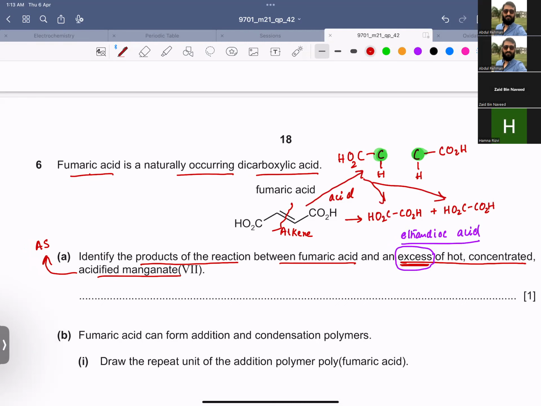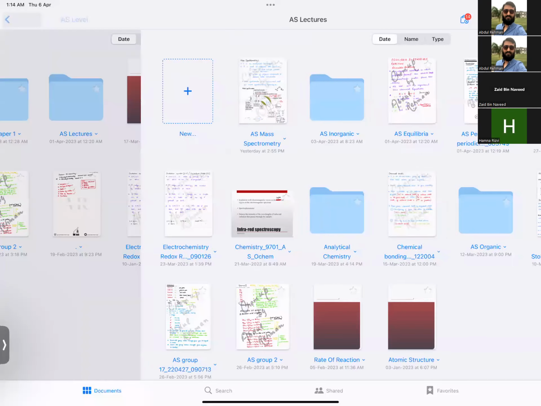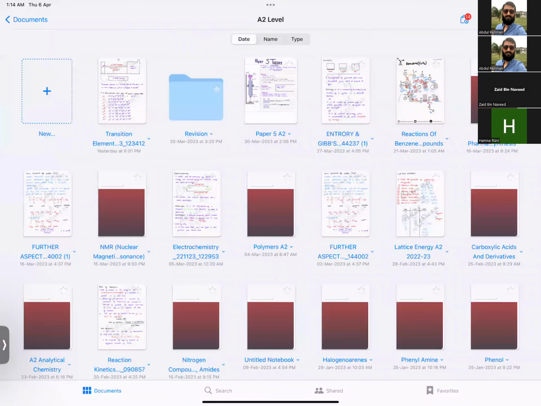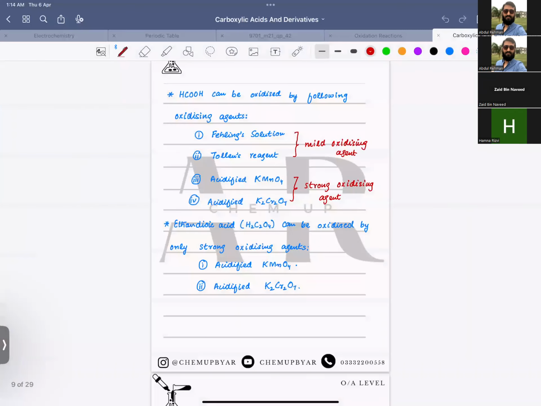But we have an excess of hot concentrated manganate. And if you recall from A2, only two carboxylic acids can be oxidized, right? And what are these two? Methane dioic acid and ethane dioic acid.